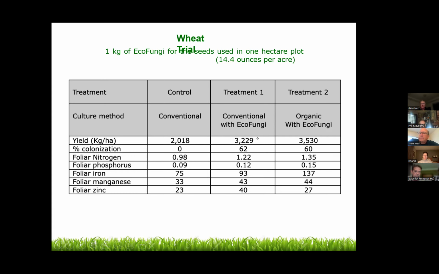We increased significantly the production. But if you look at the nutrients, this wheat is much more nutritious than the control. And when we go all organic, we still boost even further the production and even more the nutritional quality of the grain produced.